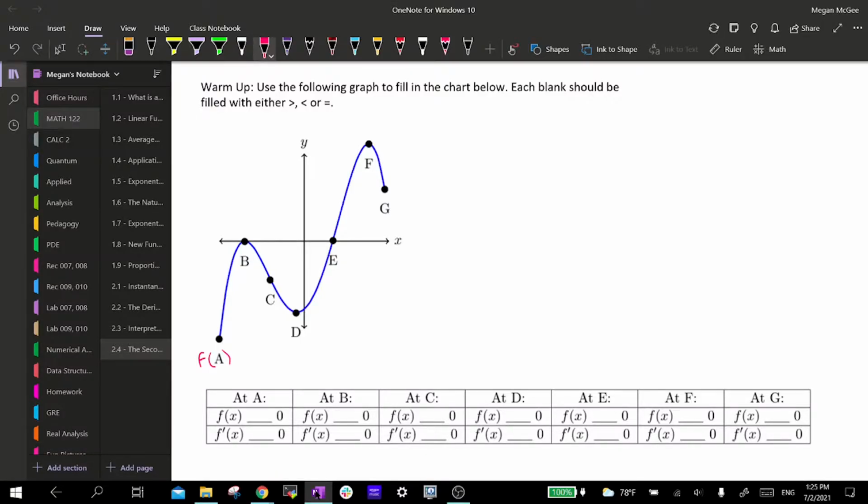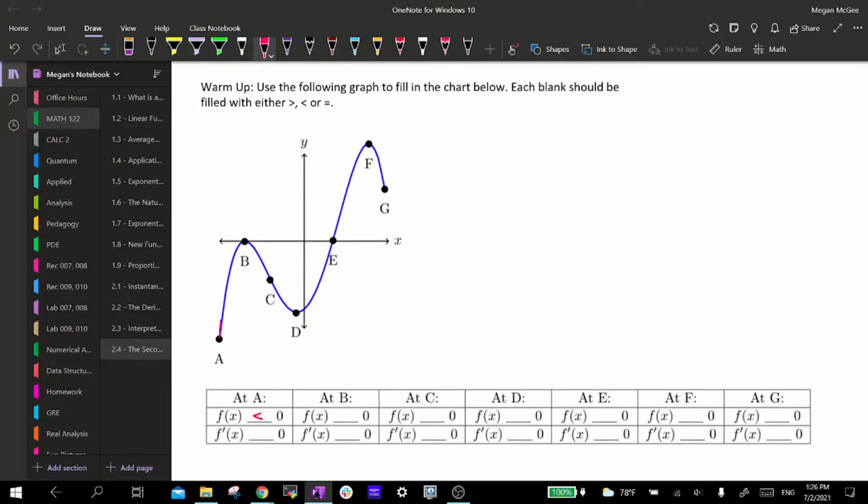So if a point is greater than 0, that means it's going to be above the x-axis, right? So here, our point is below the x-axis, so that tells us we are less than 0. Alright, now our derivative is going to tell us if our function is increasing or decreasing.